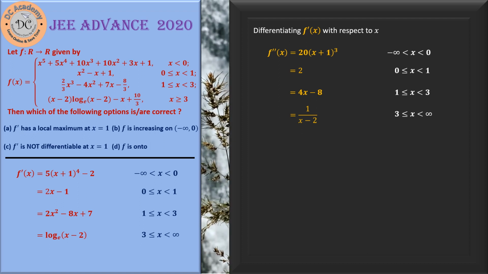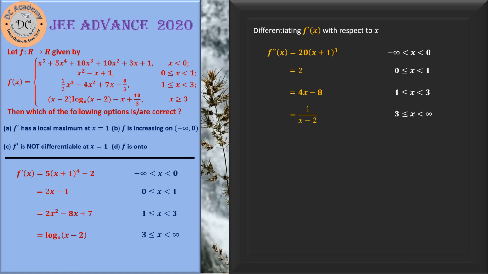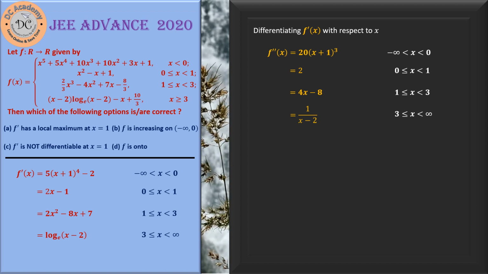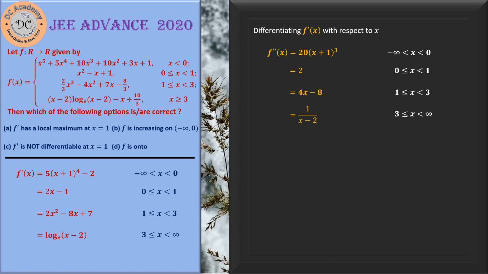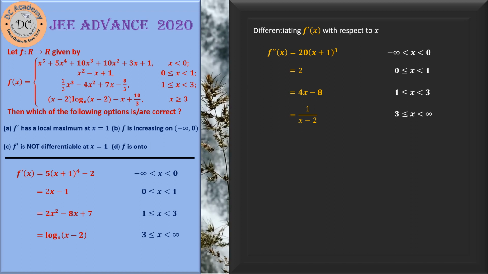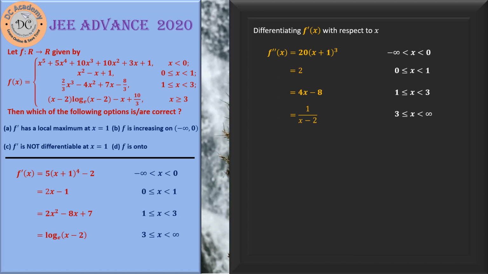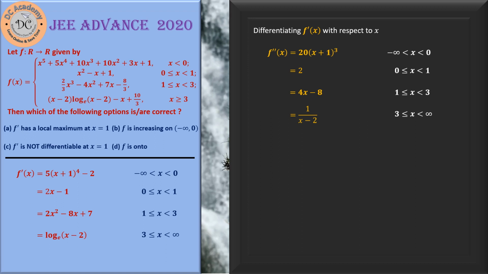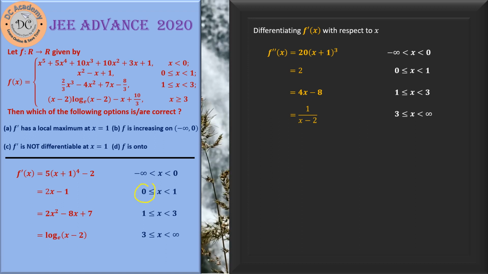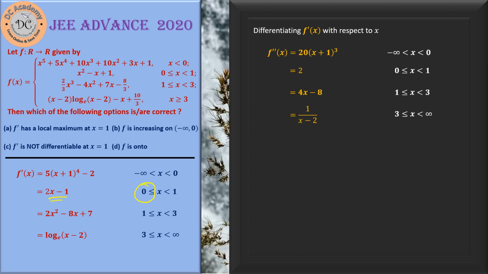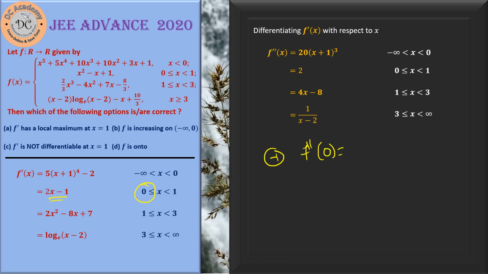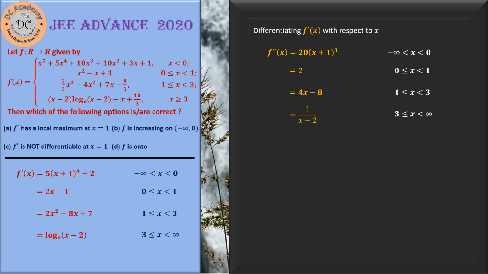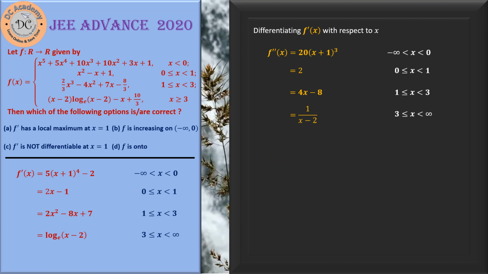Now see, that approach for finding the critical point does not work here, because at x equal to 0, the value is minus 1, which is not equal to 0. So it's not a critical point in the normal approach.